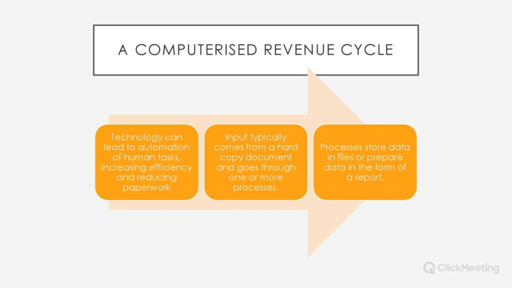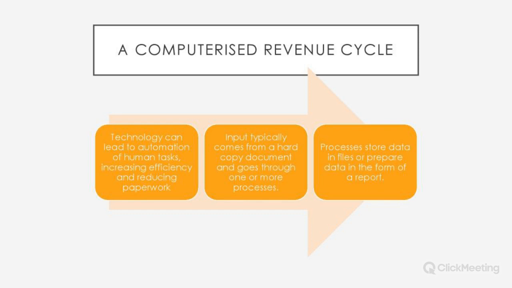So these days, a computerized revenue system or cycle is very much common. That means technology has made things quite easier and they are automated. This also increases the efficiency and reduces paperwork. Now, typically, input comes from a hard copy document and goes through one or more processes in the computerized system.